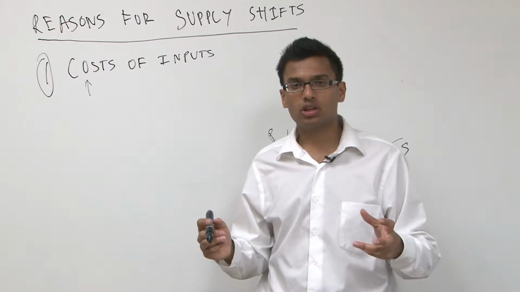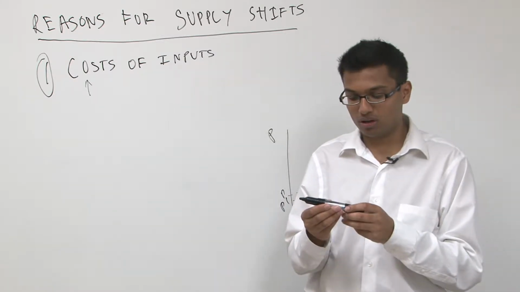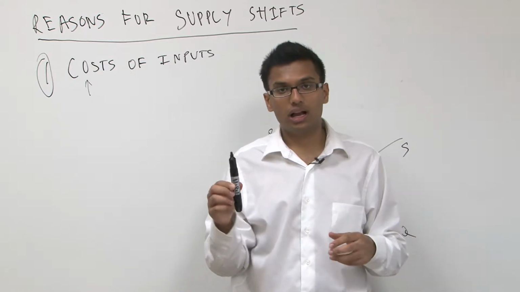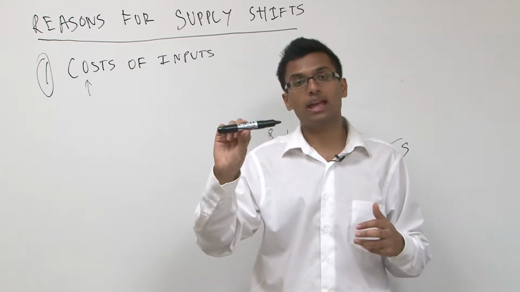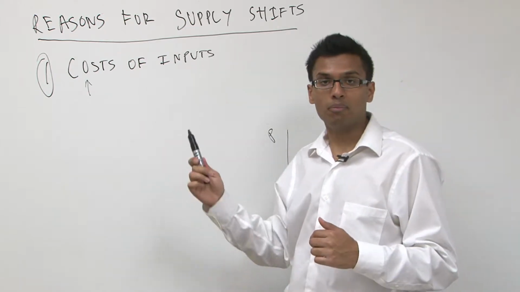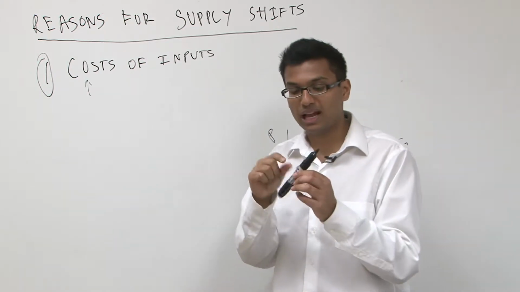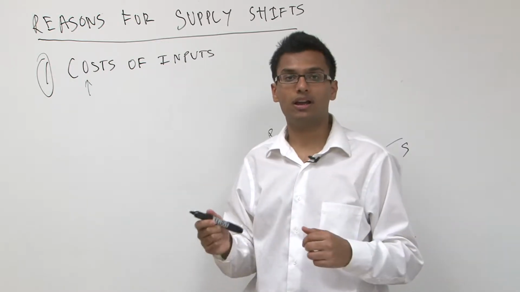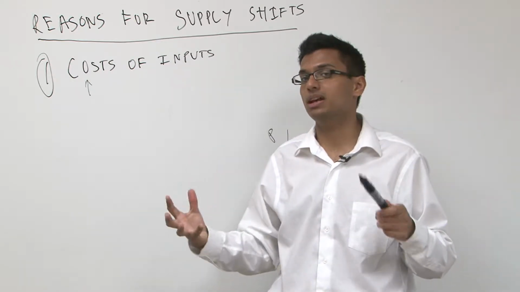So if I'm producing X amount of markers, I have to pay more to produce the same amount. So my profits are shrinking. If the cost of plastic goes up, I'm going to decrease the supply of pens because I can't produce as many.